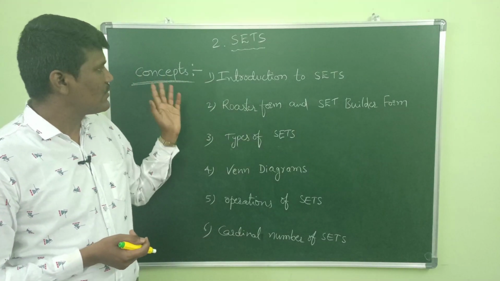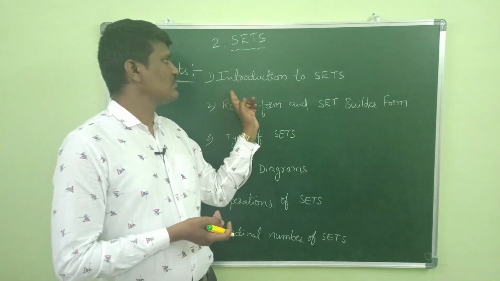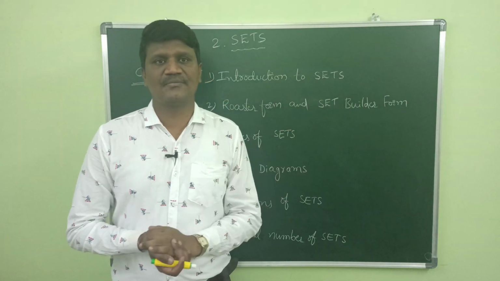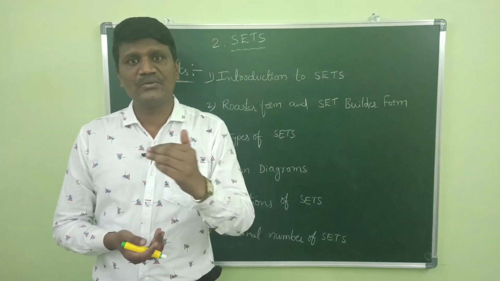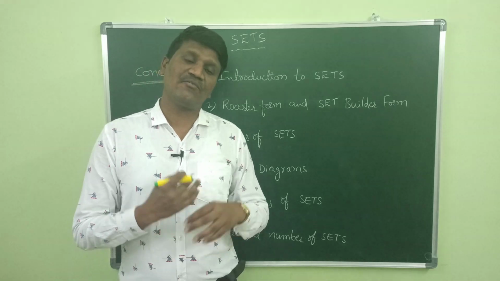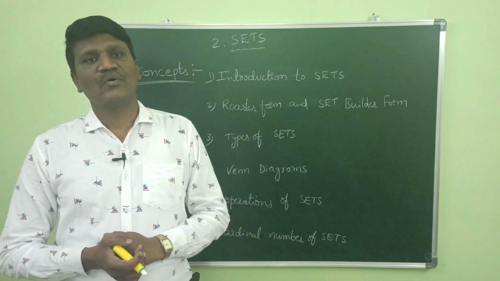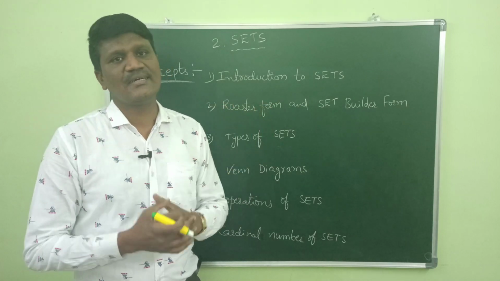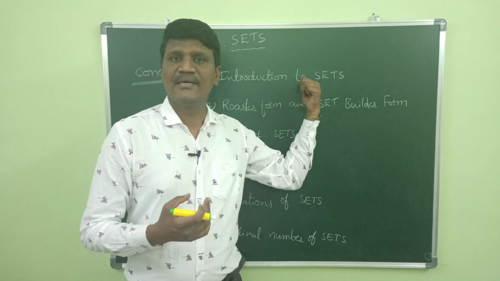The first concept in the second chapter is introduction to sets. In this we are going to introduce what a set is, how we represent a set, what the elements in the set are called, how we denote elements in the set, and what bracket we use to denote a set.